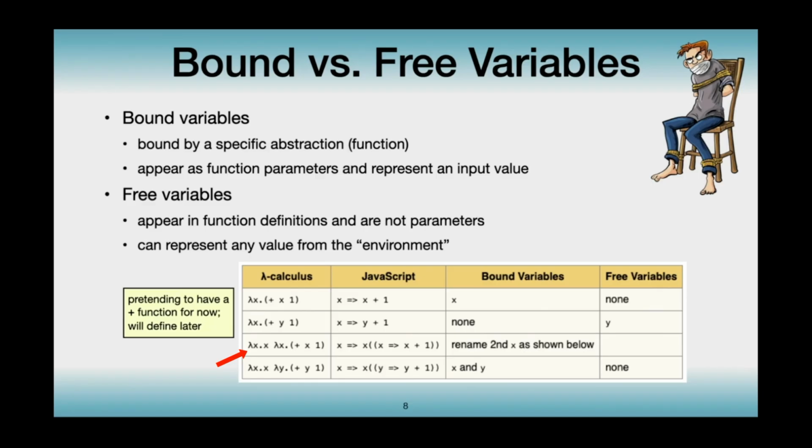And in fact, it would be perfectly fine for me to rename that parameter, so I might as well call it y instead and replace it. And we're going to see a name for doing exactly this coming up in just a bit. And so in that function, you would say that x and y are both bound variables because they're coming in as parameters to those functions, and I don't have any free variables in that example.